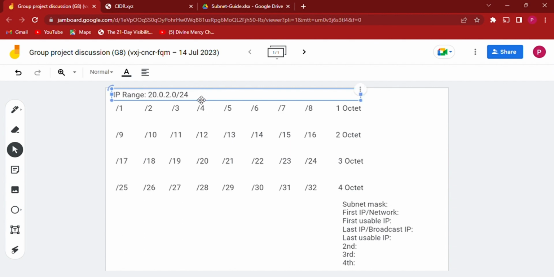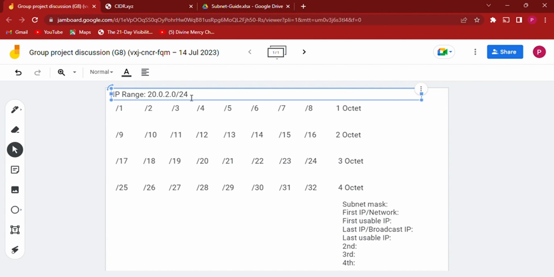So this is the subnet that I choose, which is 20.0.2.0/24. Now, before anything, you have to convert these octets into base 2, so that you know the various bits involved.